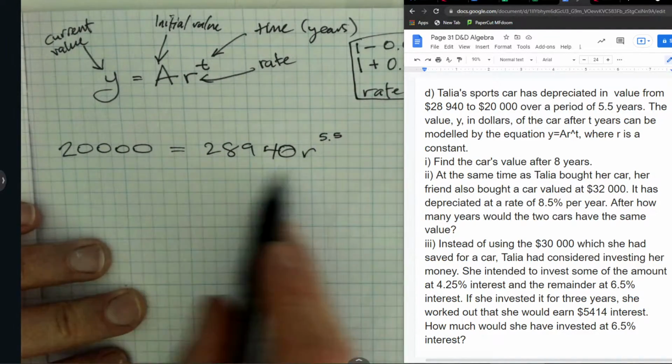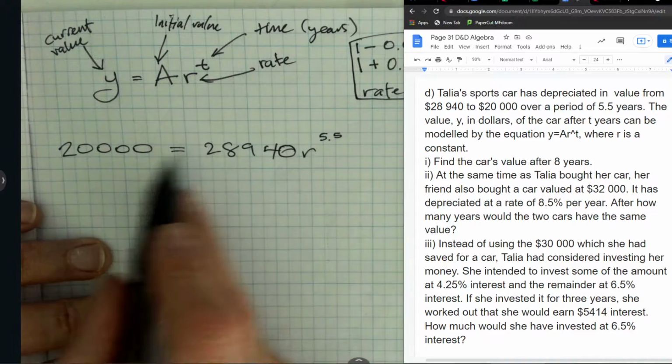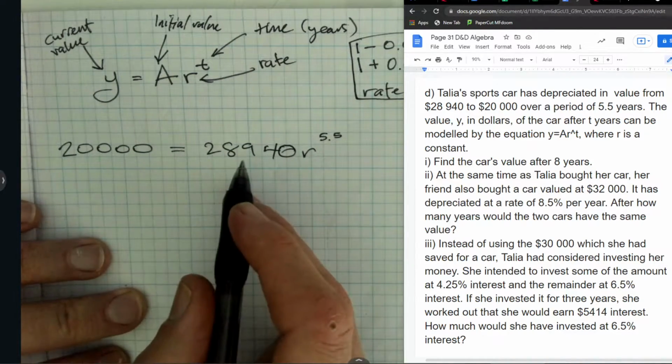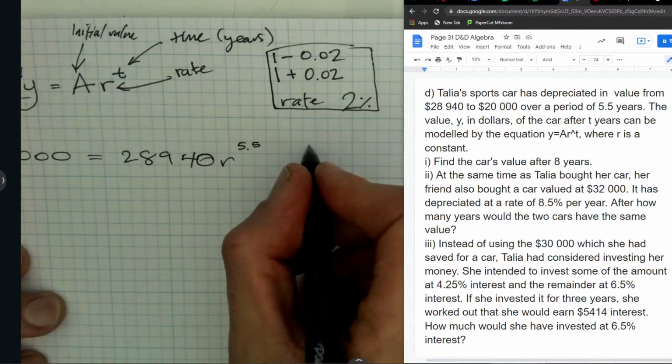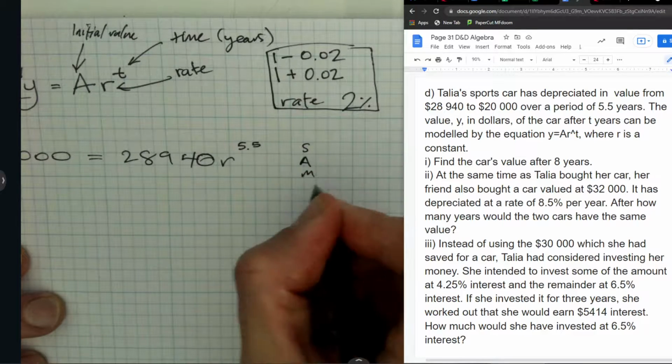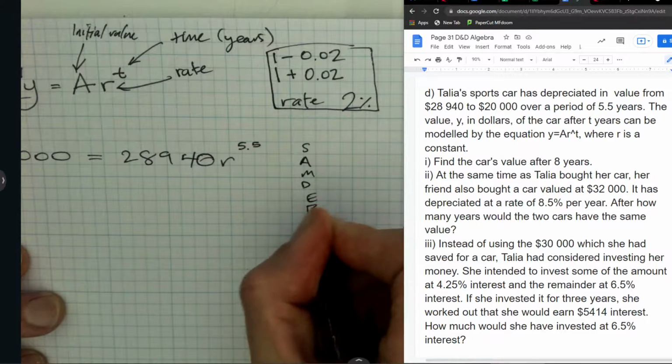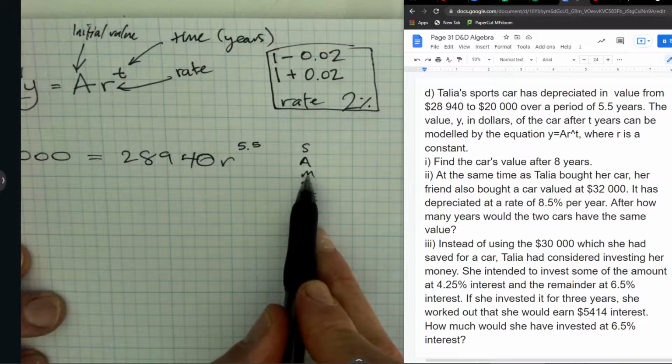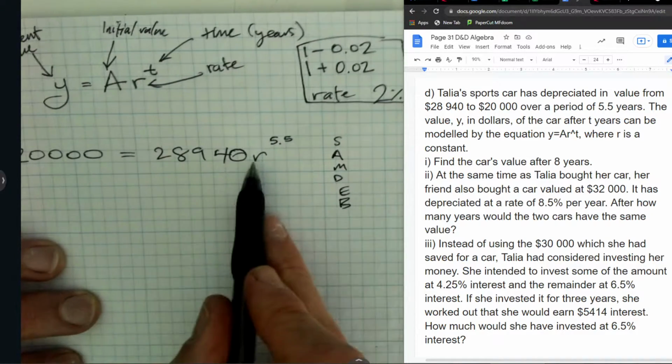Okay, so let's just deal with this. The first thing is you can unpack anything in algebra using BEDMAS backwards. So is it subtraction? No. Addition? No. Multiplication? Yes. This is multiplication.